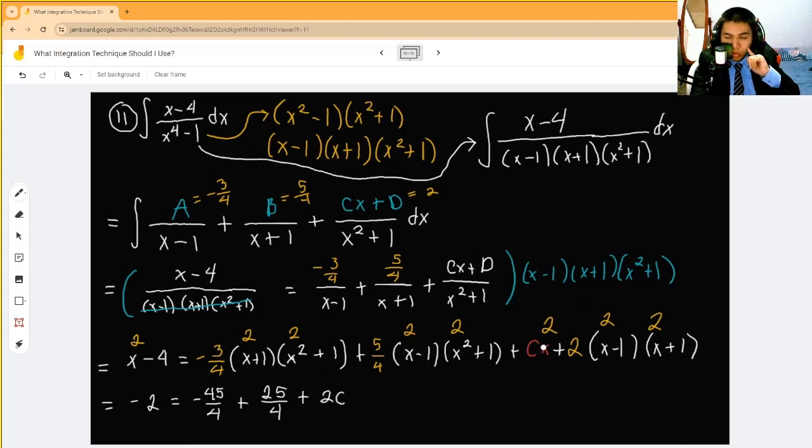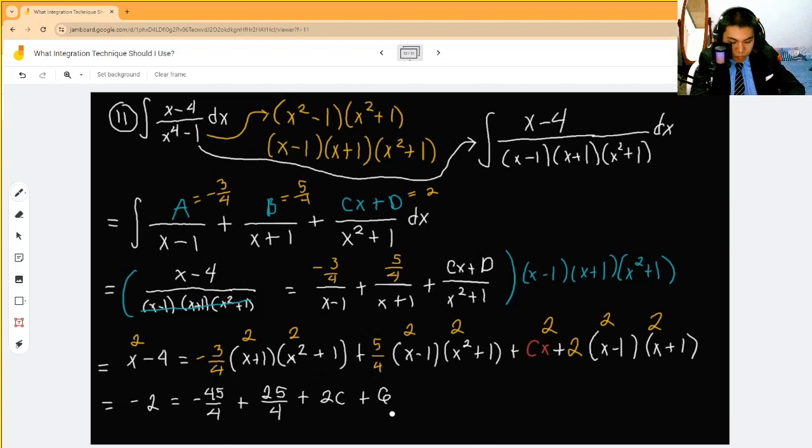Since we're multiplying, c times 2 would be 2c, plus, now evaluate this side. So 2 minus 1 is 1, so we have 2 times 3, so that's 6.